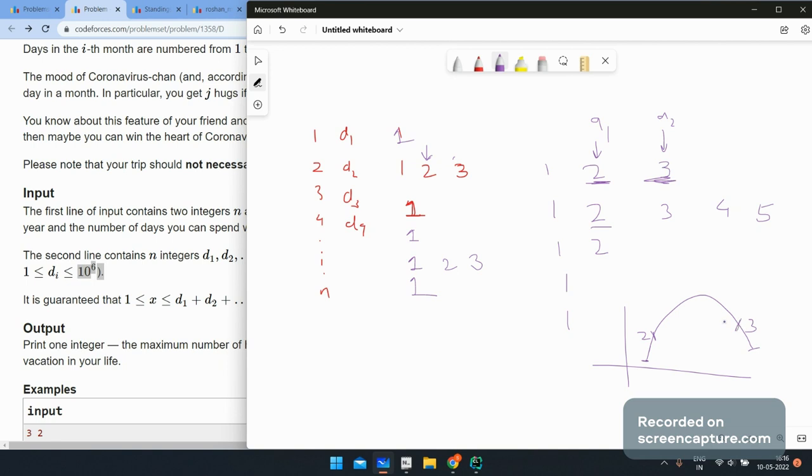Suppose 3 gives some answer which is greater than 2. Then of course there is no better answer in between, so we can move our lower pointer to 2 and keep our higher pointer where it was initially. Another intuition: suppose the answer for 4 is maximum. Why would I choose to start from earlier?